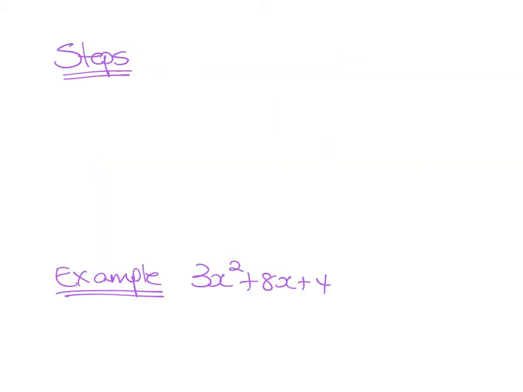Okay, so now let's look at the steps for factorizing a quadratic. Step 1 would be to determine the product of a and c.